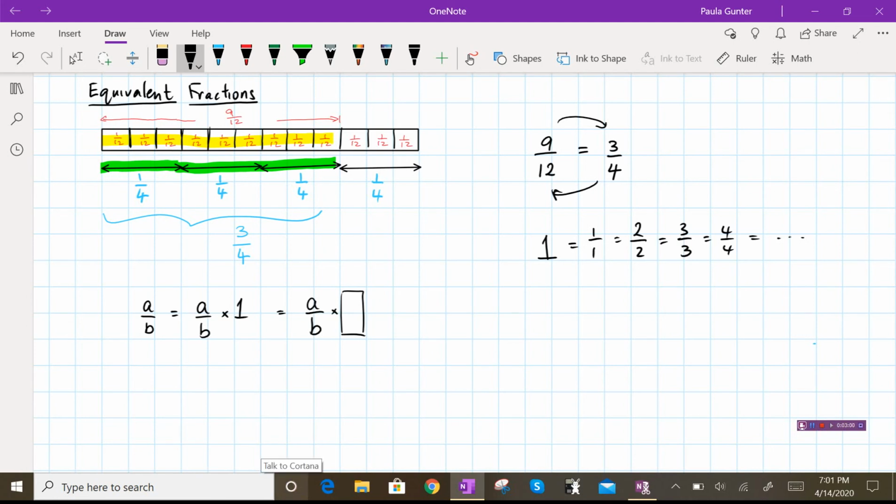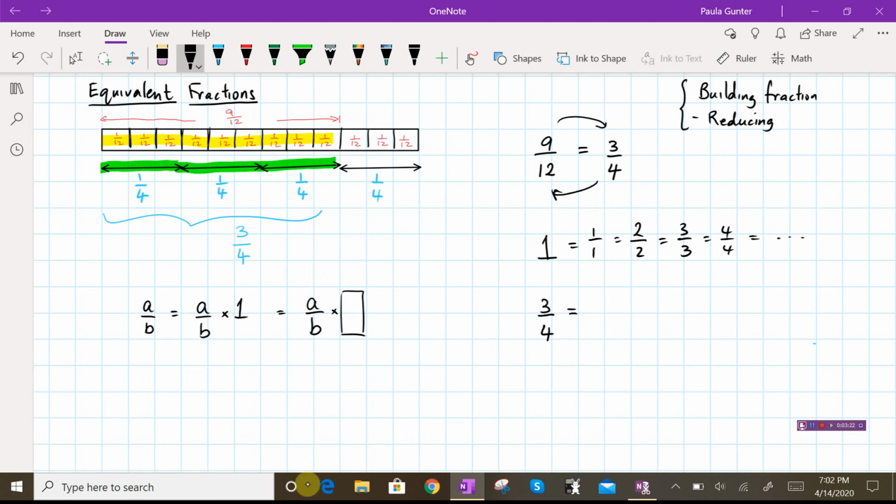We're going to be looking at equivalent fractions, and I'm going to break this video into 2 parts. The first part is called building fractions, which is what we'll do first, and then after that we'll talk about reducing fractions. So building fractions, I'm going to start with a smaller numerator and denominator.